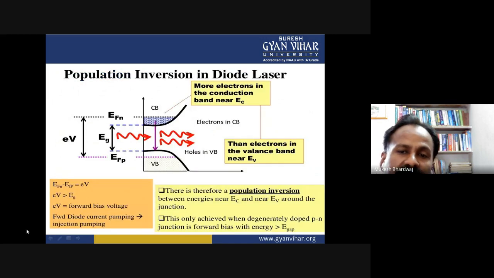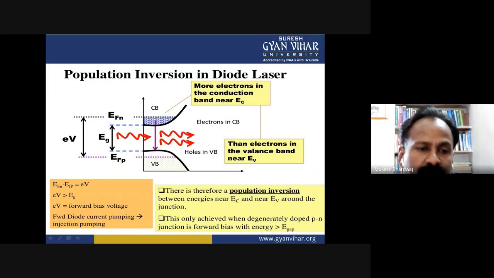Population inversion in diode laser or laser diode. So this is the population inversion phenomenon shown by the figure. Just look at the figure carefully. This is the energy gap.